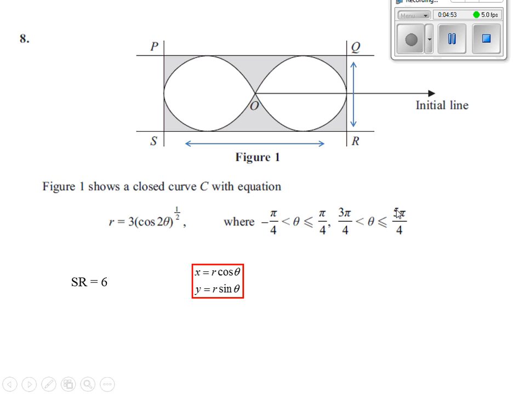And the crucial fact here is that we need to find the angle theta such that the tangent at the point x, y is parallel to the initial line. In order to do that, we use the equation dy by d theta is equal to 0. These two are very important points: dy by d theta is equal to 0.